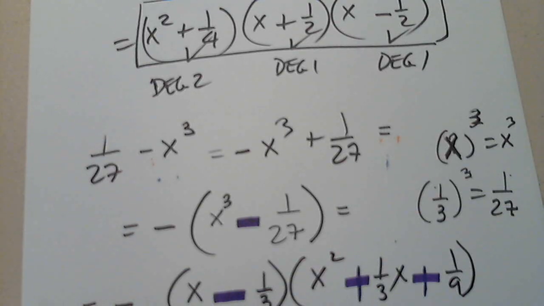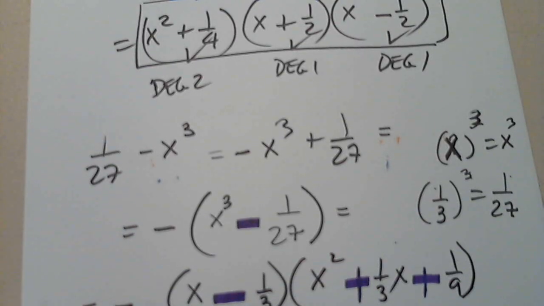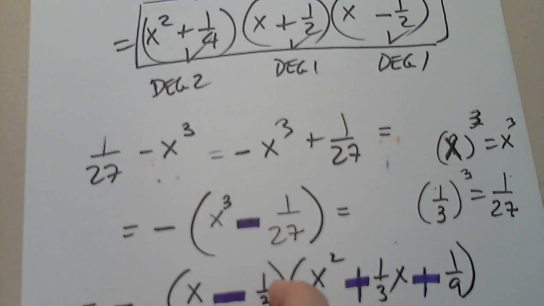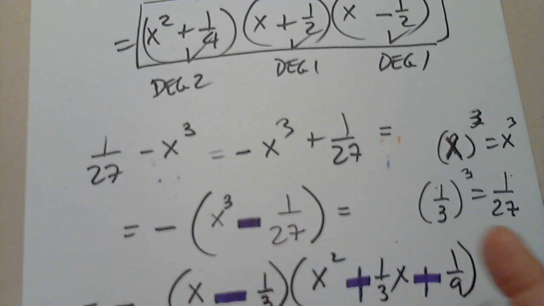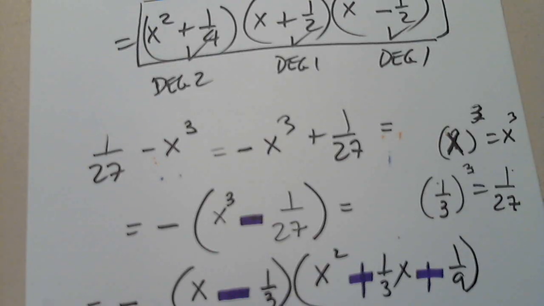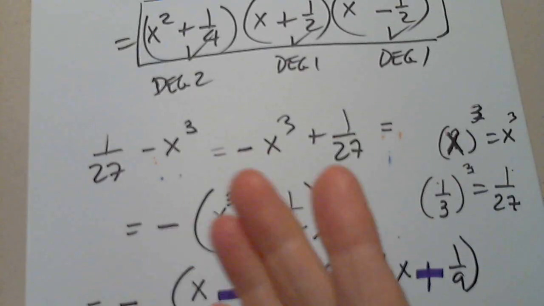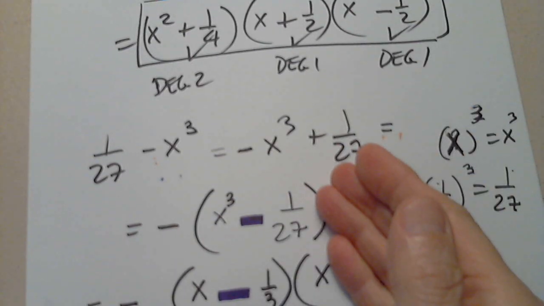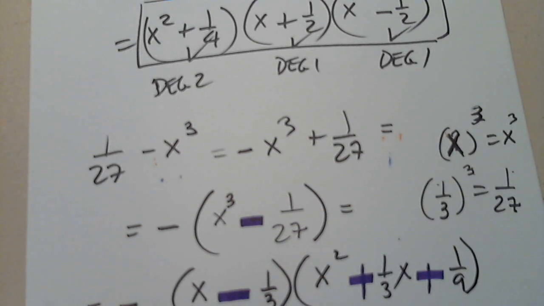Once we identify the x and 1/3, the rest is very easy. We square x, we square 1 over 3, we multiply them, we put the middle term, and that's it. The difficult part is to identify which special product we need and to identify the binomial. Once I have the binomial, this is a piece of cake. Square, square, product. You can always stop and multiply.